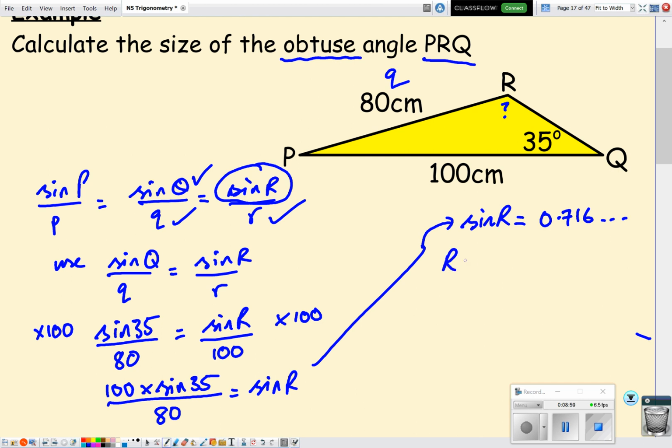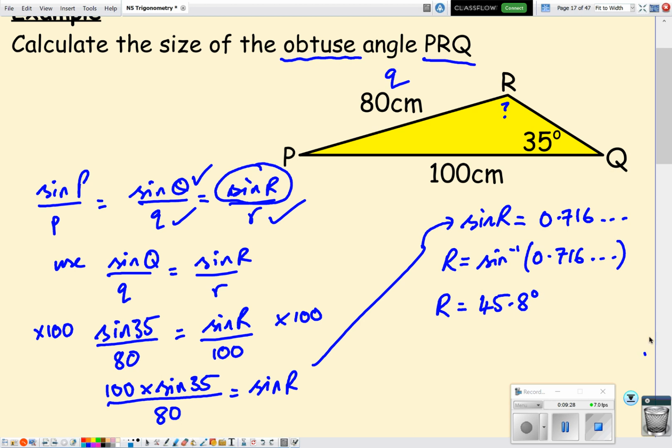Now, if we do the same as we did last time, take the inverse sine of this, then what we get is 45.8 degrees, right? So if you run that through your calculator, you would get 45.8 degrees, but that's not an obtuse angle, that's an acute angle. Now, calculators are programmed to always give you the acute angle.